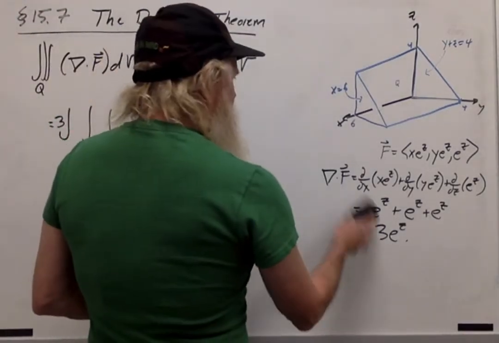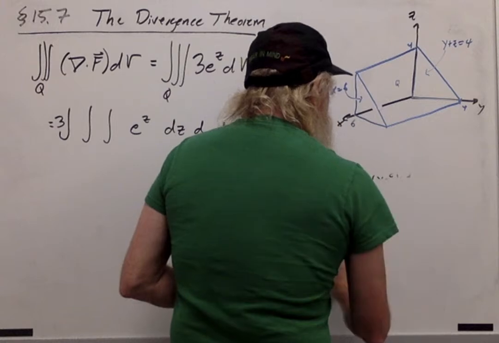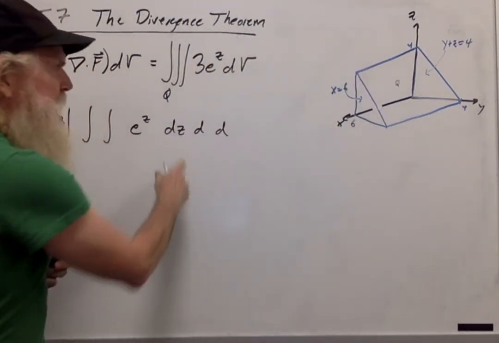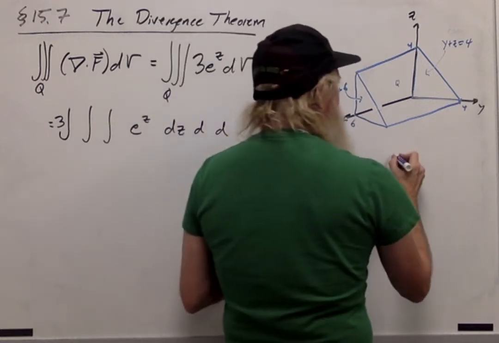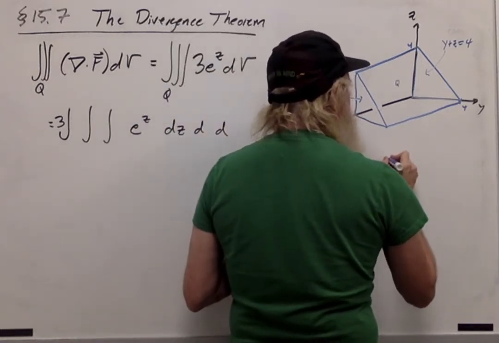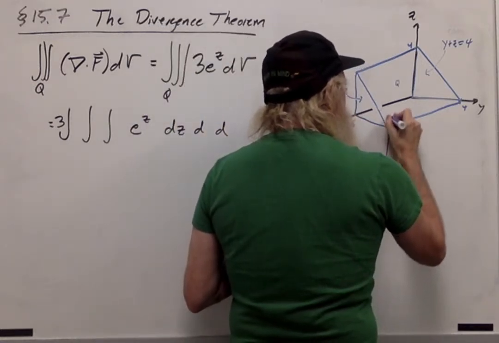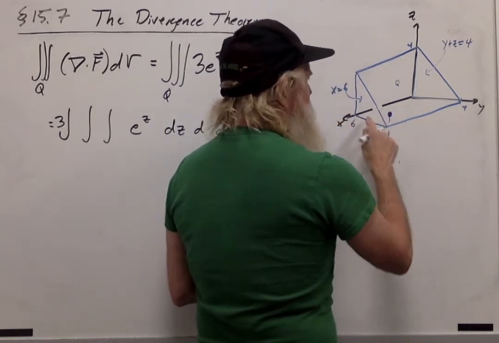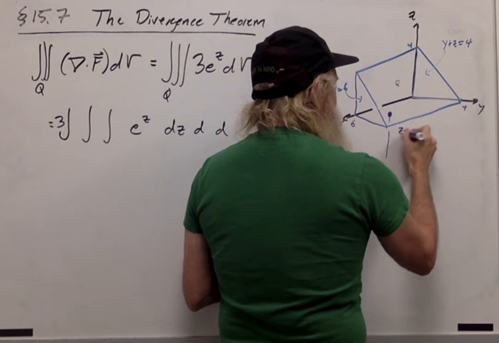So I've captured my divergence correctly this time. If I'm putting z on the inside, then to set up the bounds, I want to send up a line parallel to the z-axis. The first surface it's going to encounter is the xy plane, z equals 0.